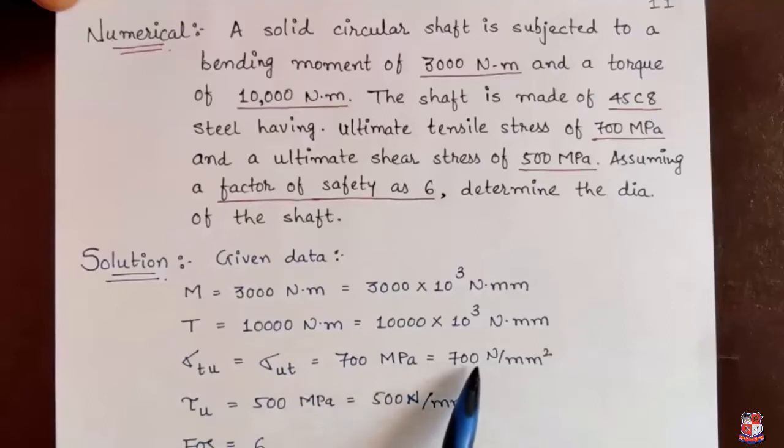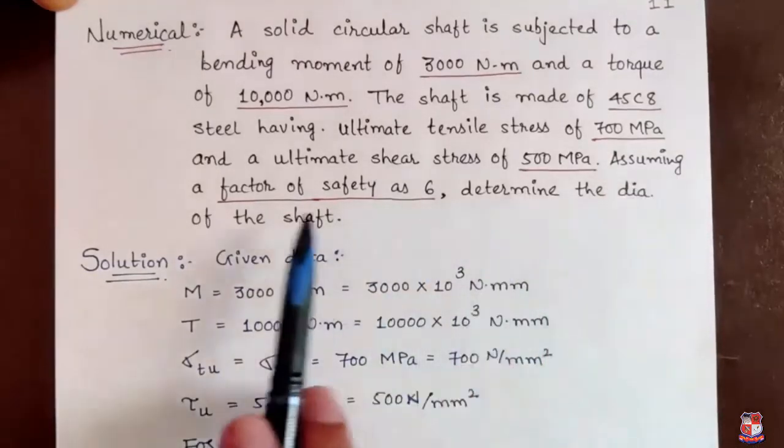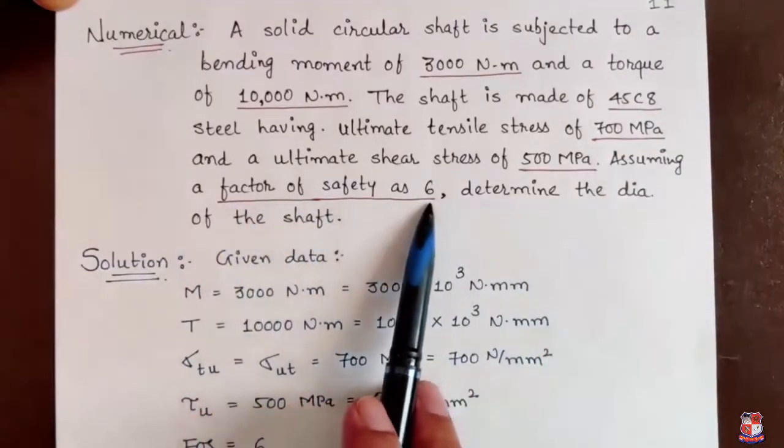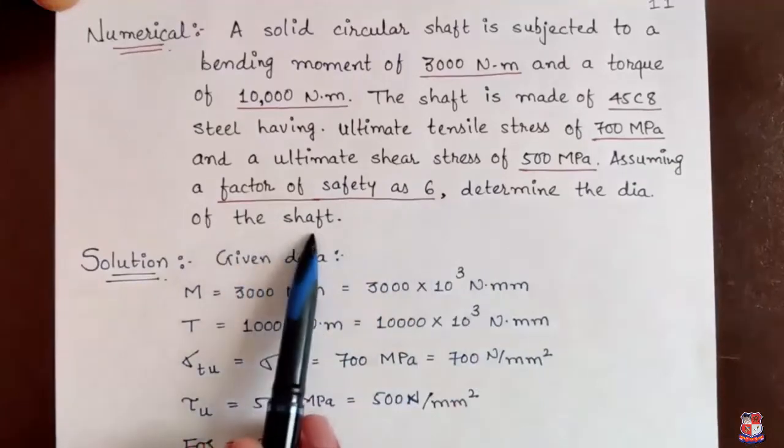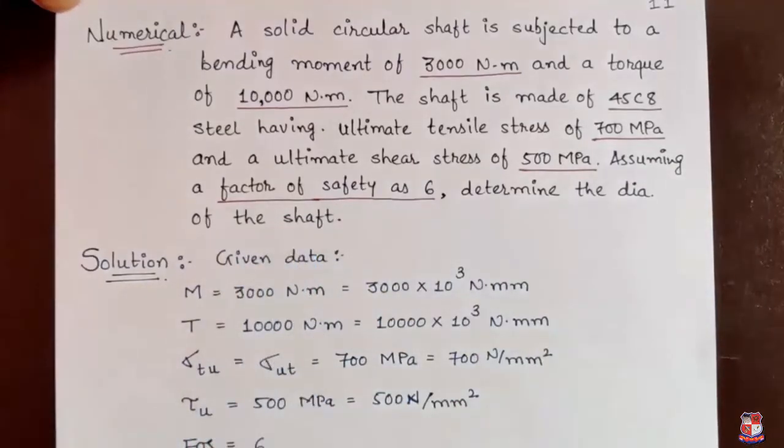In terms of Newton per mm square it will be the same, 700, and ultimate shear stress is also given, that is 500 Newton per mm square. Assuming a factor of safety as 6, determine the diameter of the shaft.